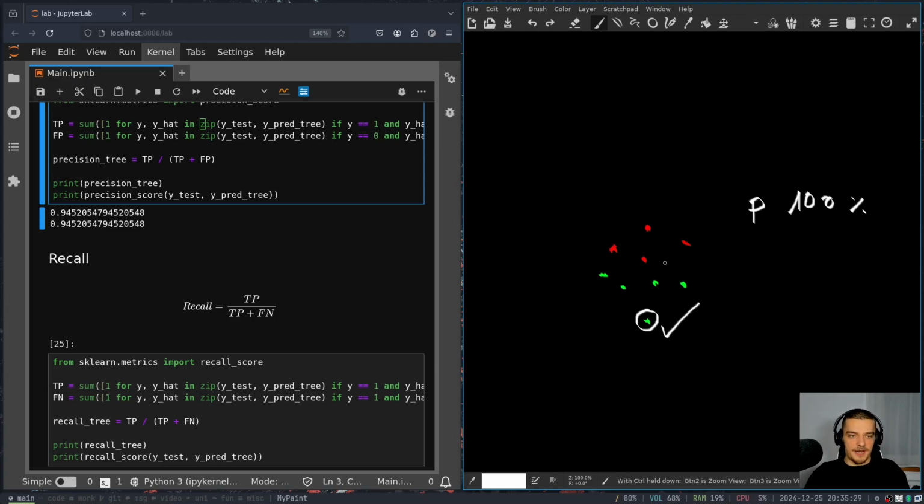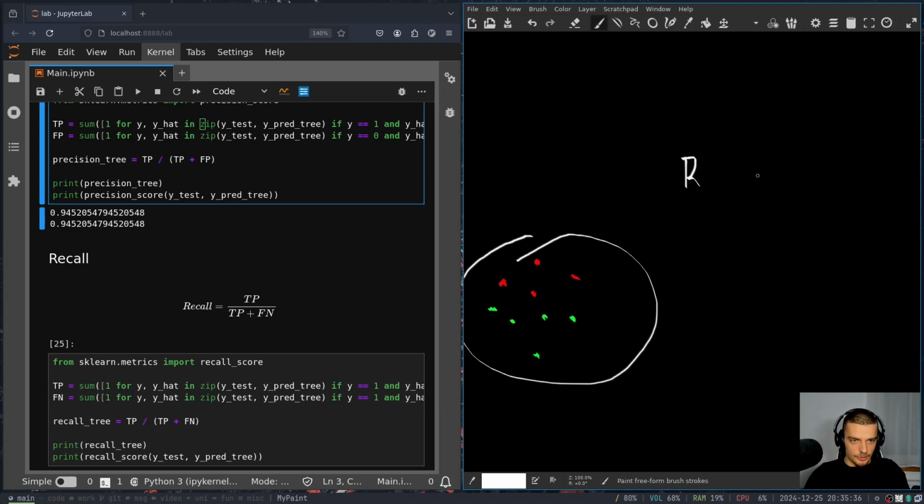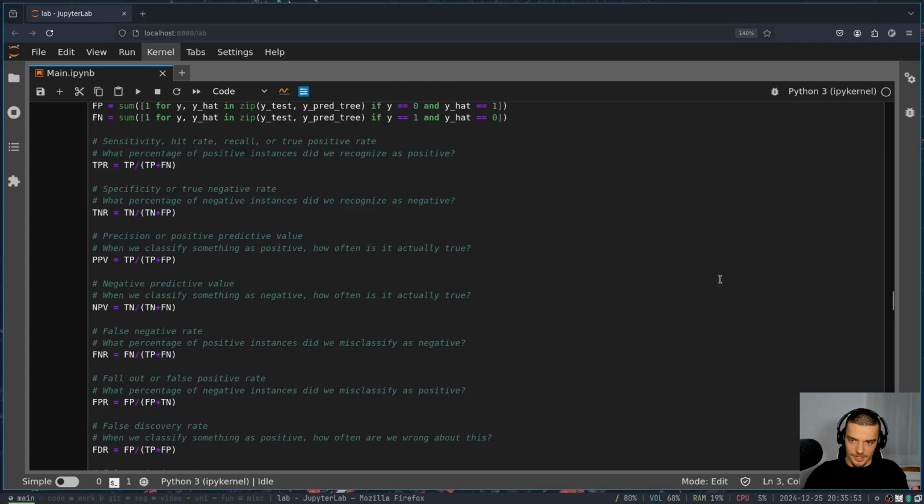Now, of course, if I just always classify everything as positive, so I say all of this is positive, then my recall is going to be 100% because I classified all the positive samples correctly. All of these are positive and I recognize all of them as positive. But my precision is going to be worse because, of course, I misclassified these here as positive even though they are negative. So that's oftentimes a trade-off.